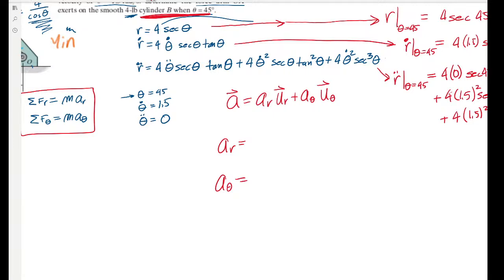Turns out that a_r is r double dot minus r theta dot squared, and a_theta is r theta double dot plus 2 r dot theta dot. And you can look back in the book and you'll see that. Or you can look online. You'll see that these are the coordinates.